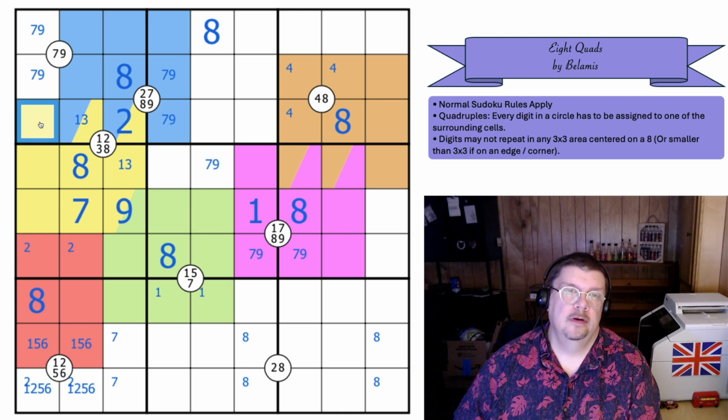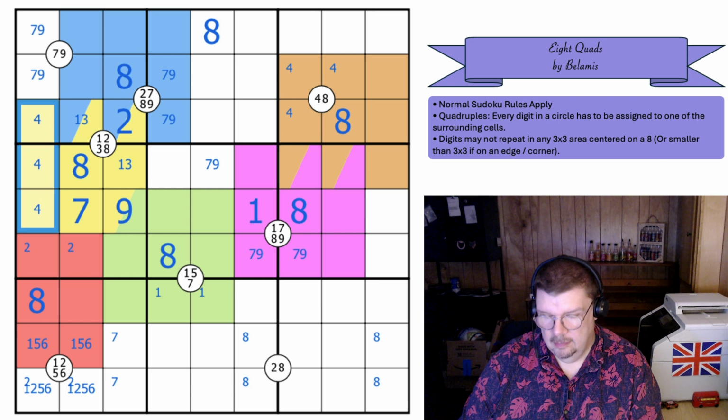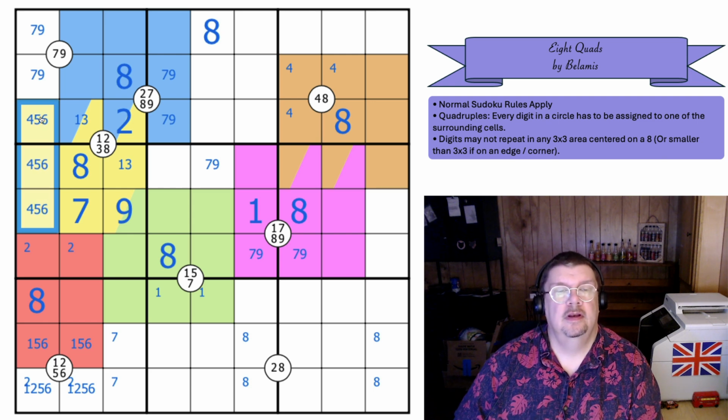That is not a 1, because we already have a 1-3 pair. In fact, these 3 digits are 5, 6, and 4. That's what I needed. That's 4, 5, 6. That makes that a 1 by Sudoku.